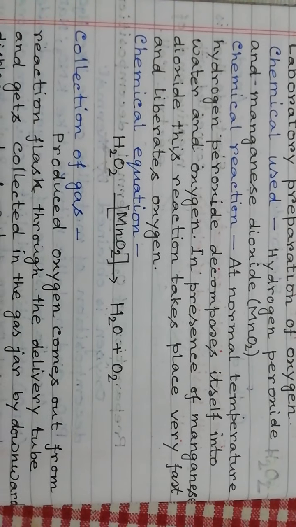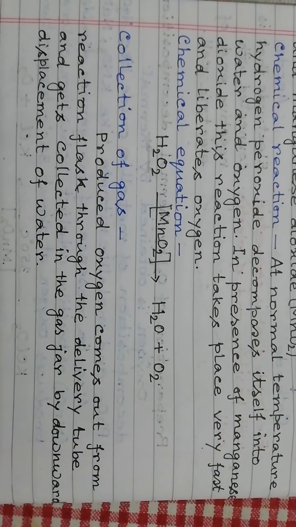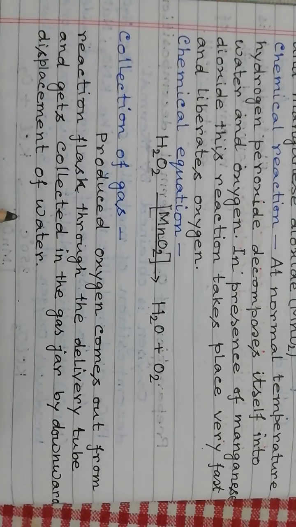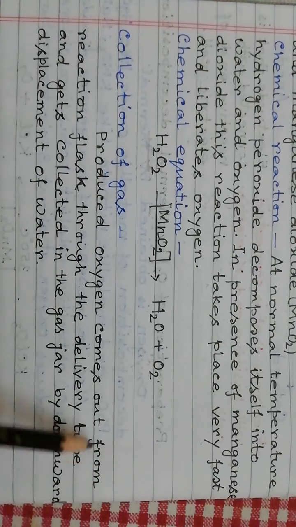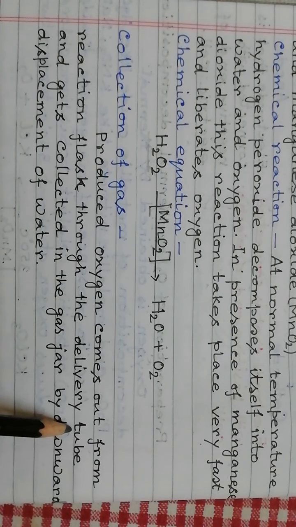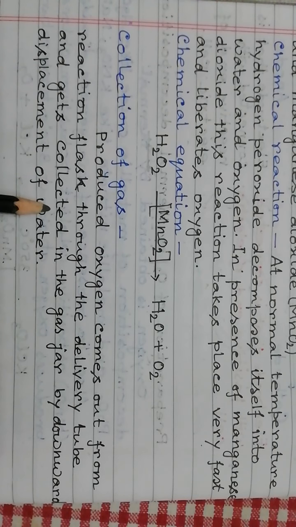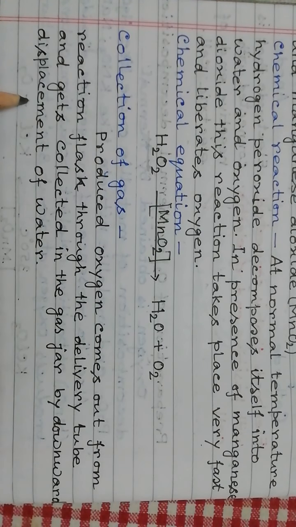Now the question is how we collect oxygen gas. Here the produced oxygen comes out from the reaction flask through the delivery tube and gets collected in the gas jar by downward displacement of water.